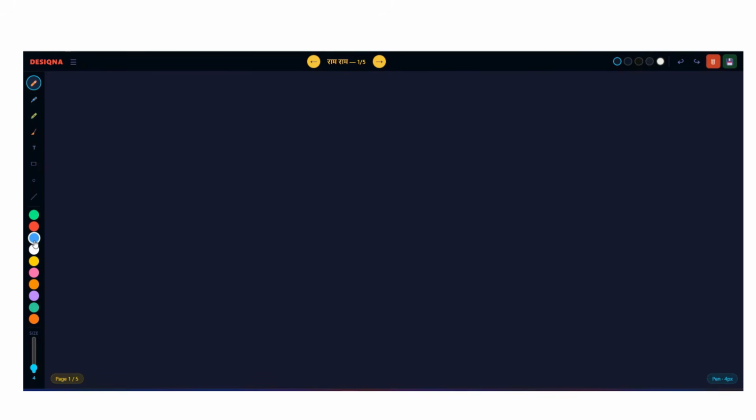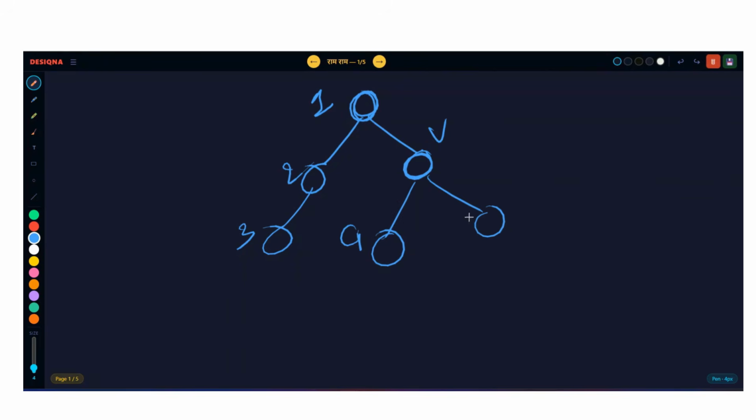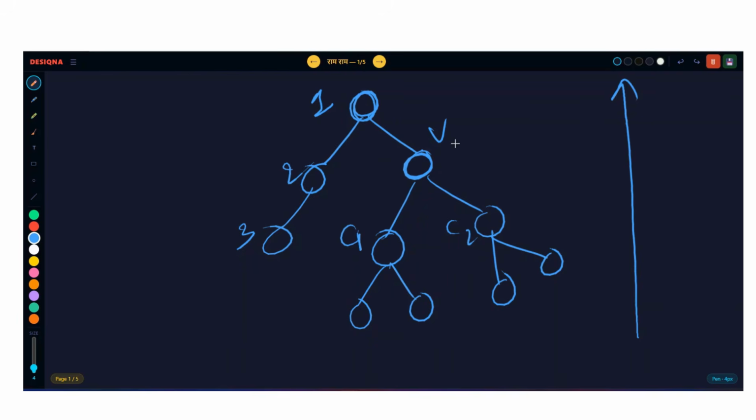Now it is very easy to calculate the branch sizes. Let's say this is node 1, and this is your node V, after you have done the bottom up DFS DP. This is an arbitrary node V, this is C1, this is C2.